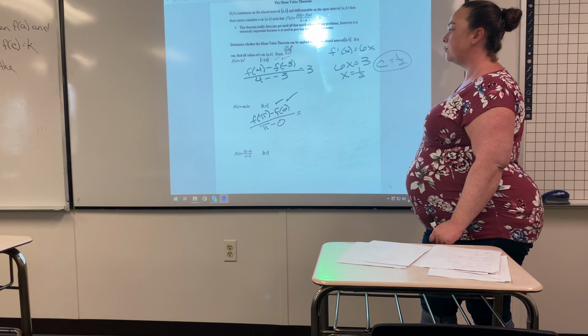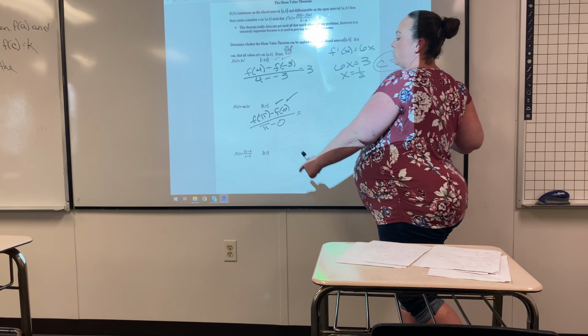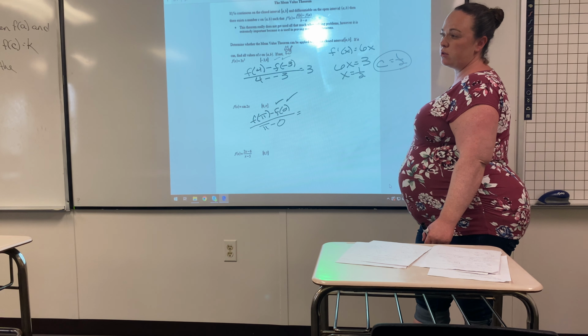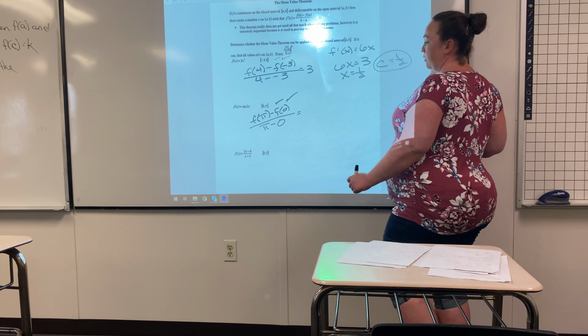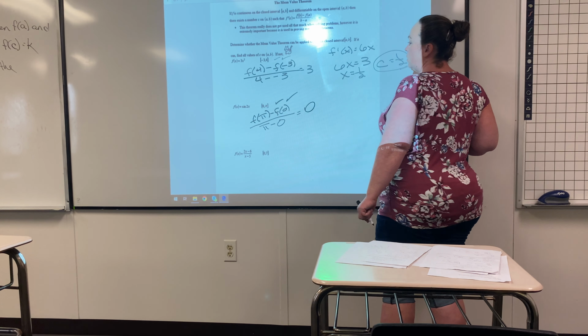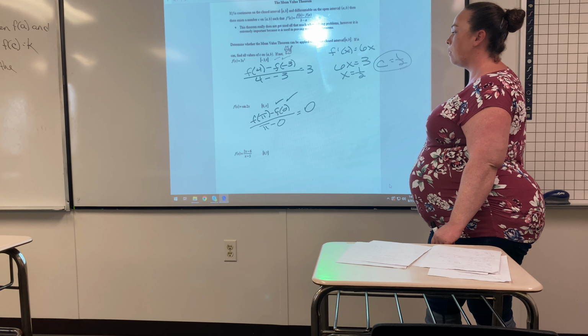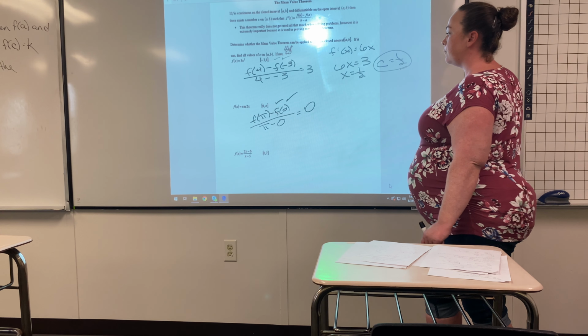So, sine of 2 pi minus sine of nothing. They're at the same place on the unit circle, so really that's going to end up being 0 over pi, so 0. So then you want to take the first derivative.